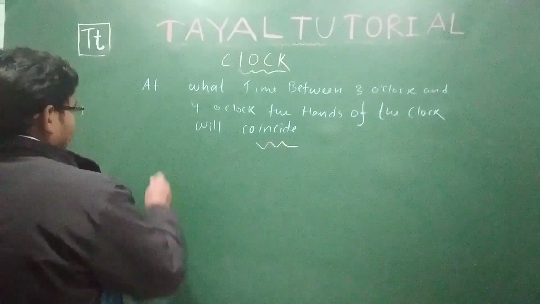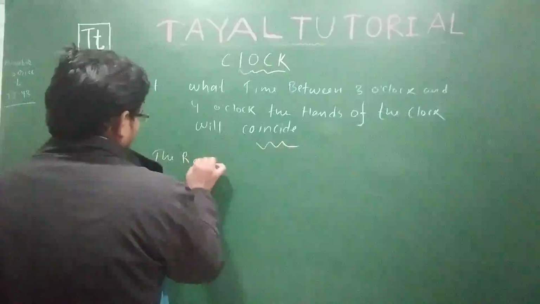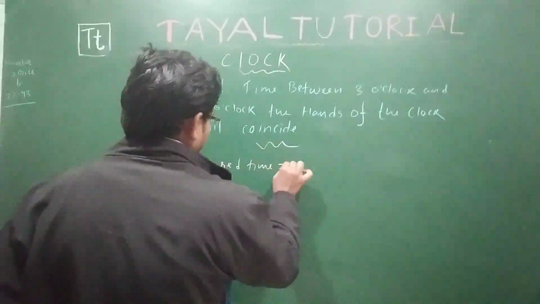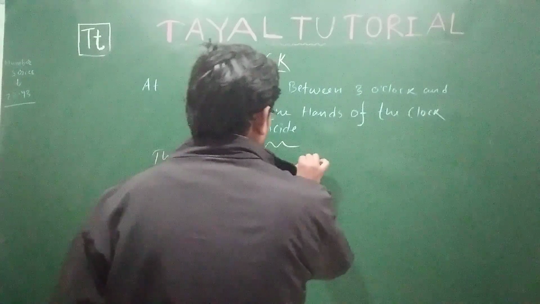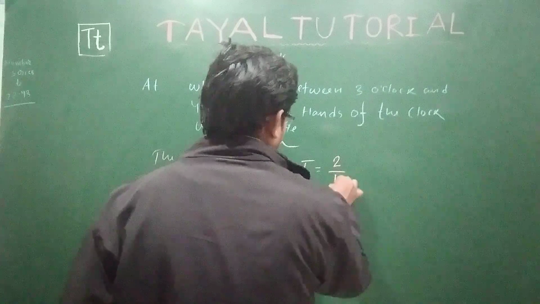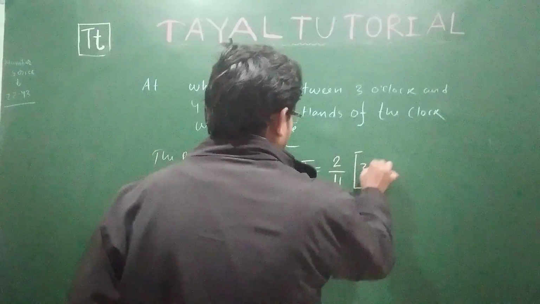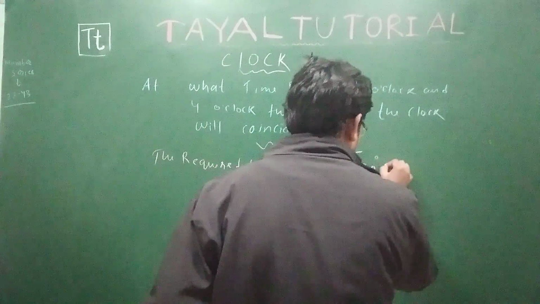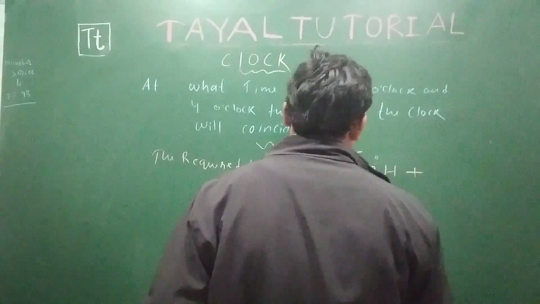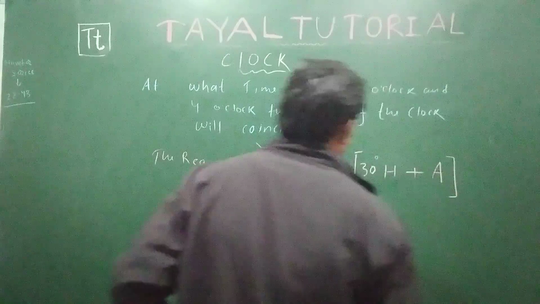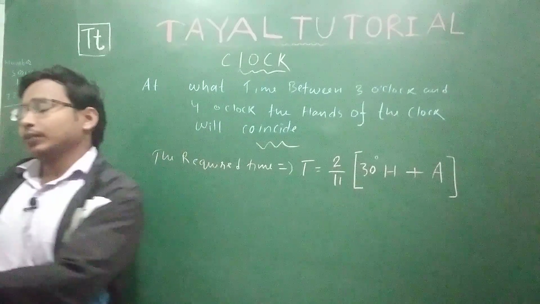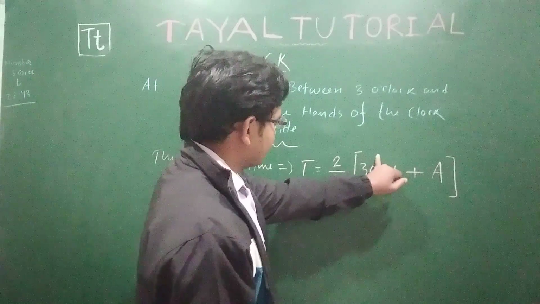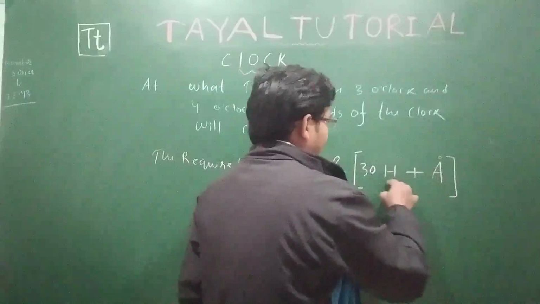The required time, which we represent with t, is equal to 2 by 11 into (30 degree into h, plus A), where A is the angle and h is the hour hand.